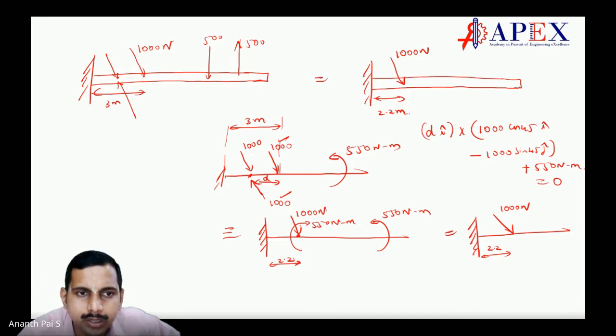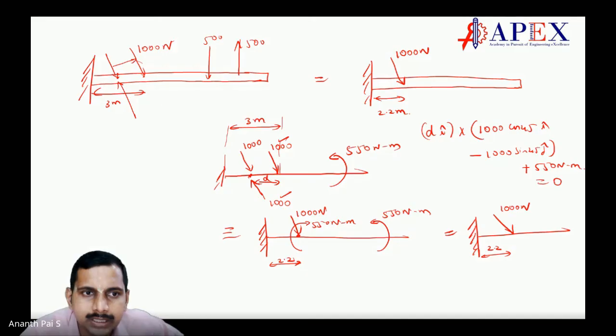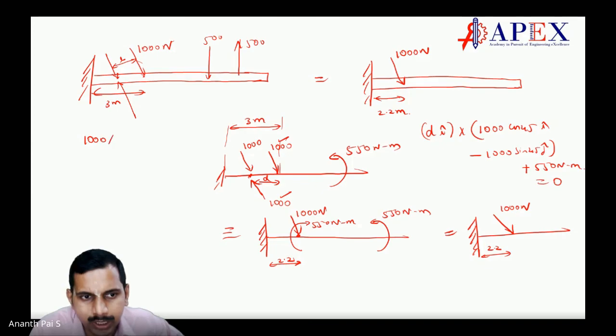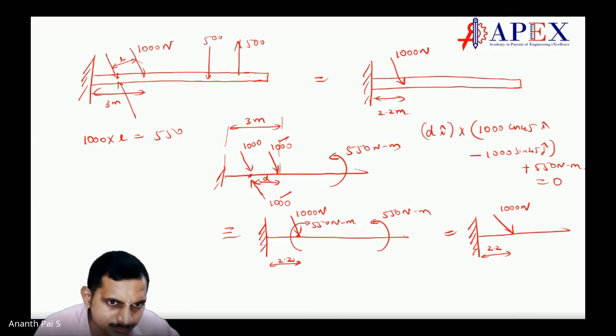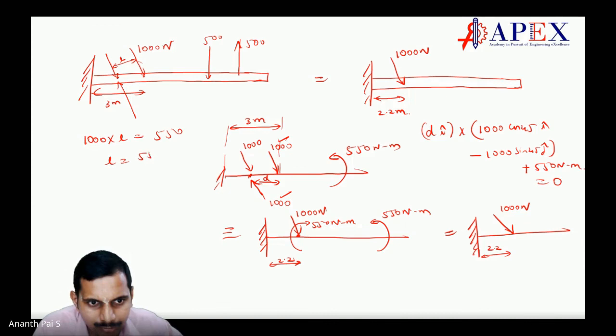So you should produce the equivalent couple here, which is equal to 550, is it not? Yes, sir. So 1000 into E should be equal to 550 Newton meter, correct? So now this E is 550 by 1000, which is 0.55, correct?